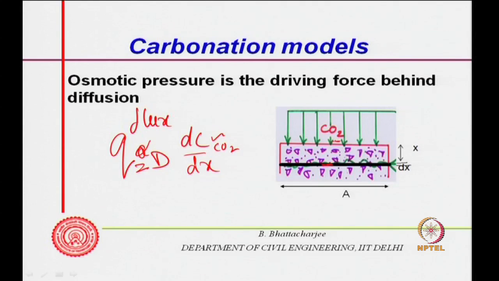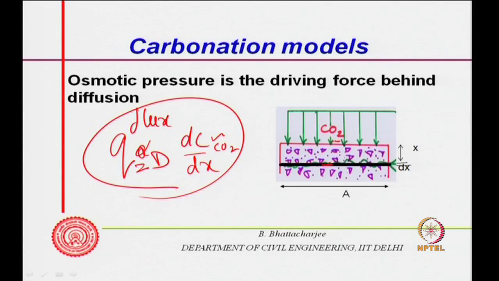Now, this is what is Fick's diffusion law, and if you are looking at the mass balance, then you will get the rate of change of concentration with time as D times d2C/dx2. It is a diffusion equation, like the heat diffusion equation; quite a number of diffusion equations follow this.